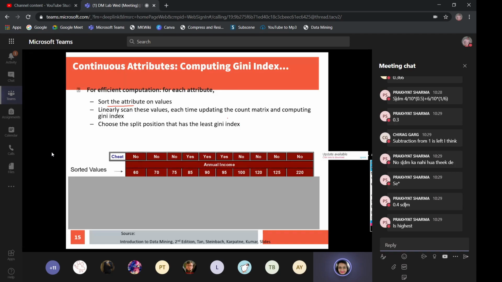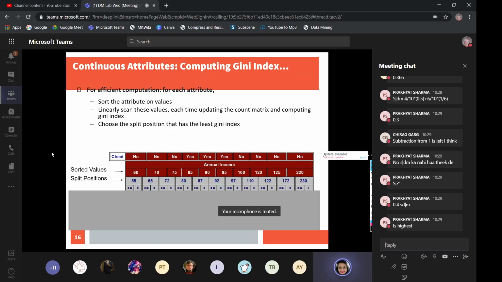Sort all the attributes on value, then linearly scan these values and update the count matrix by computing the index. मतलब एक एक करके ना करके sort करके store कर लो और उसके बाद उनके Gini indexes compute कर दो and choose the split position that has the least Gini index. और देखो जिसका Gini index कम होगा उसका gain maximum होगा क्योंकि आप उसको 1 से subtract करने वाले हो. So choose the split position that has the least Gini index.